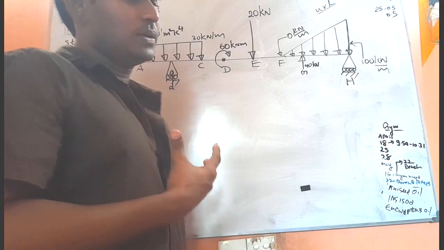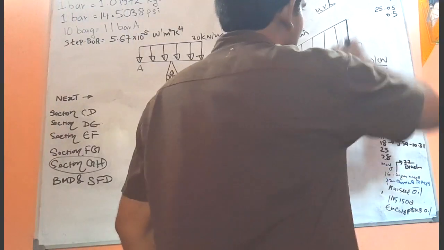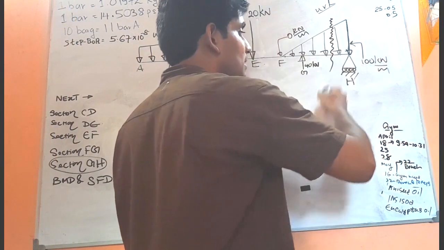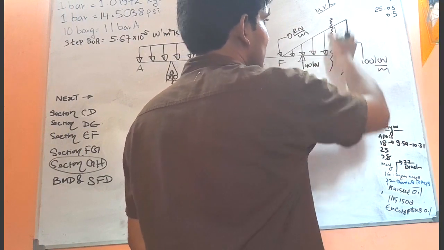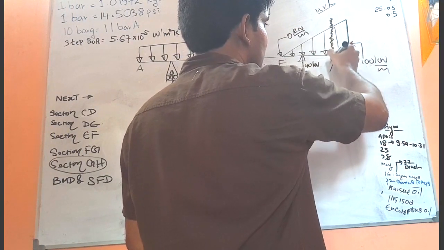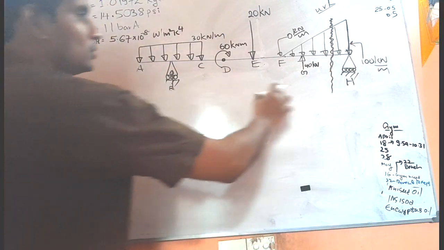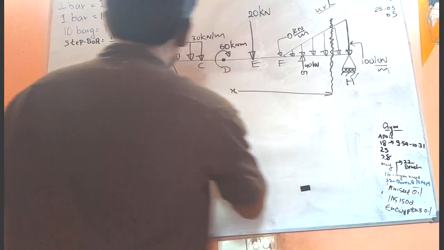Now actually what we are doing during this evaluation is cutting the section. See, I am going to cut from here, right? That means I am going to cut a little bit before this end H. So this is my section, and I am going to cut from here. Now the distance from this left end to here is X, right?